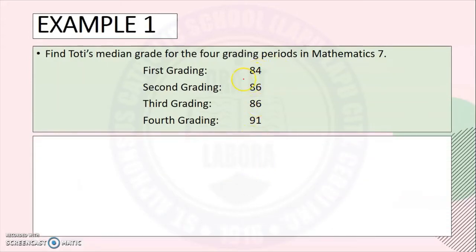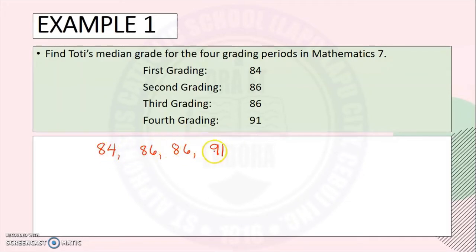So let's try to write first. We have 84, 86, 86, and 91. So these are Dottie's grades. We need to arrange them in order, but as you can see, they are already in order from 84 to 91.